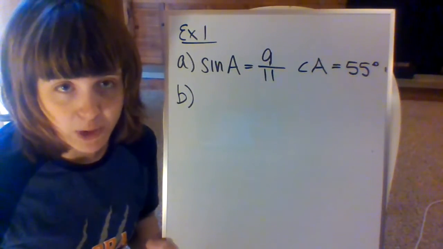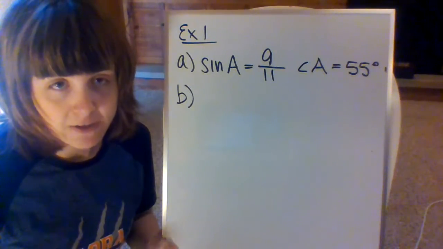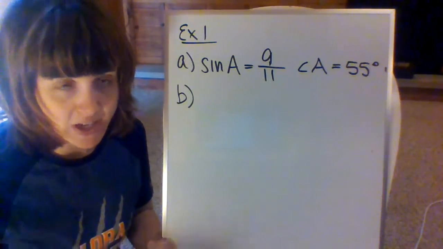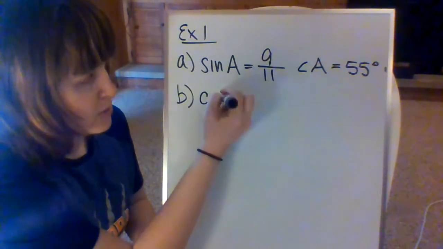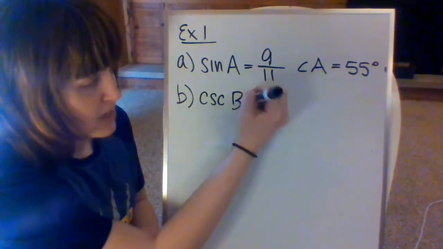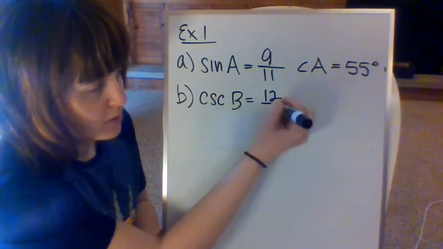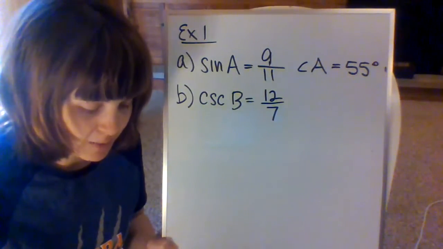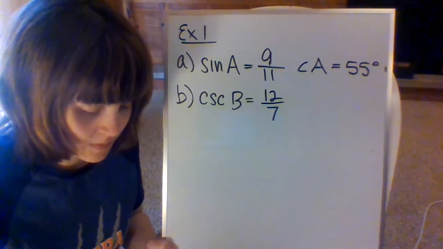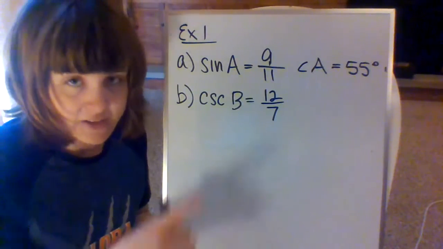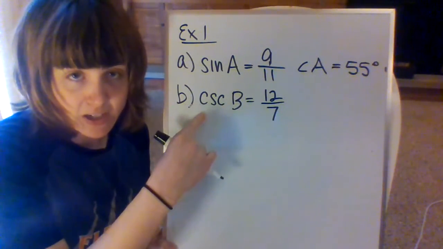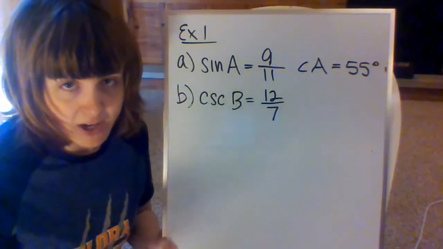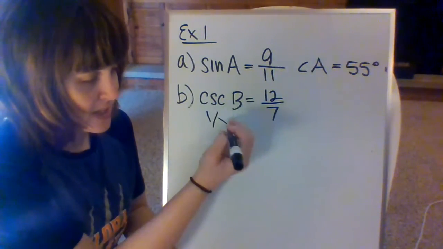Alright, part B, we're going to have cosecant, which, if you remember, is the reciprocal of sine. So cosecant of B equals 12 over 7. Alright, so we're going to do 12 divided by 7 equals. Now since this is the reciprocal of sine, we're going to have to press the 1 over x button, the button that looks like this.